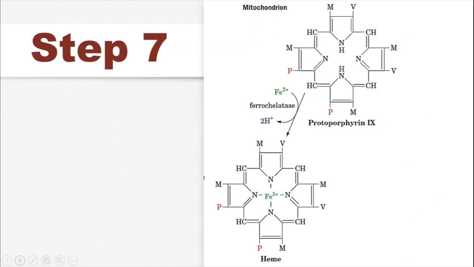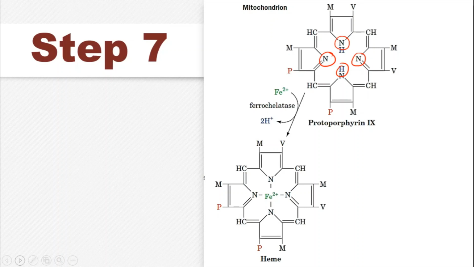In step 7 or the last step, for this protoporphyrin 9, another enzyme plays the role, that is called ferrochelatase. The ferrochelatase incorporates the ferrous iron at the center, and the nitrogen atoms in every pyrrole group make coordinate bonds with this ferrous iron.